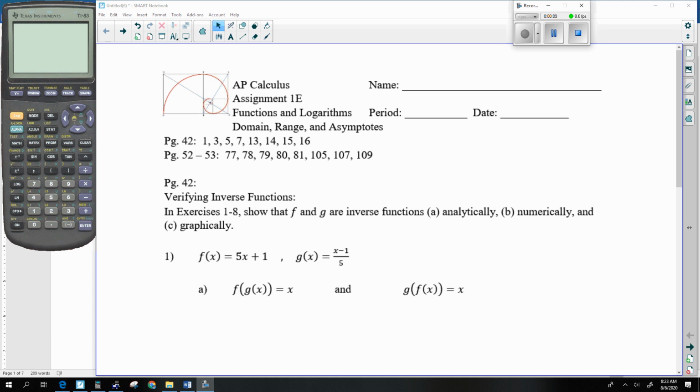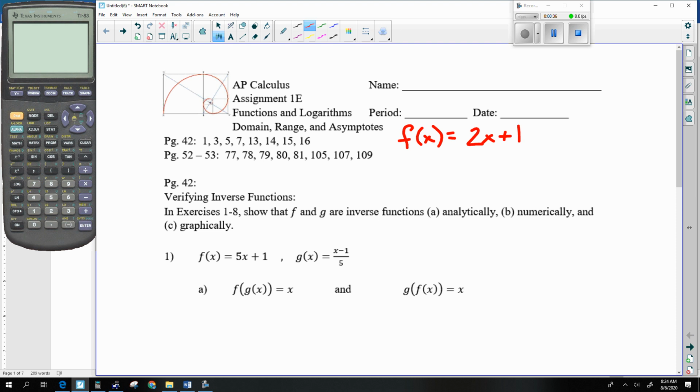This is dealing primarily with inverse functions. Again, just a general key idea of what an inverse function is. Let me start off with an f of x, just a brief example. f of x is equal to 2x plus 1 or something like that.